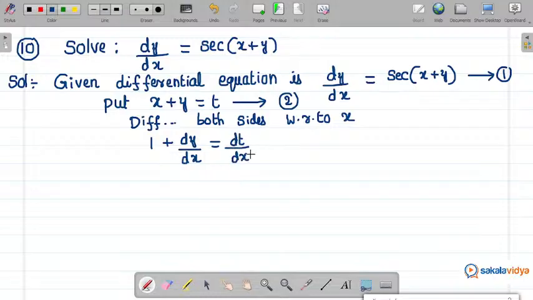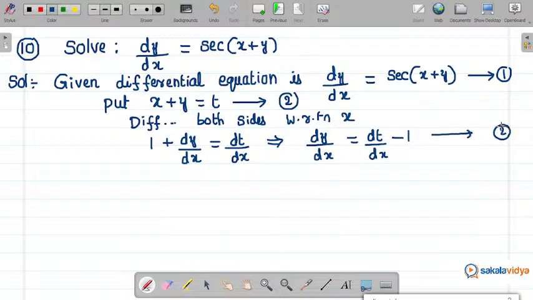Now let us write dy by dx in terms of dt by dx. So you are going to express dy by dx in terms of dt by dx. Dy by dx equals dt by dx minus 1. Say equation 3, right.